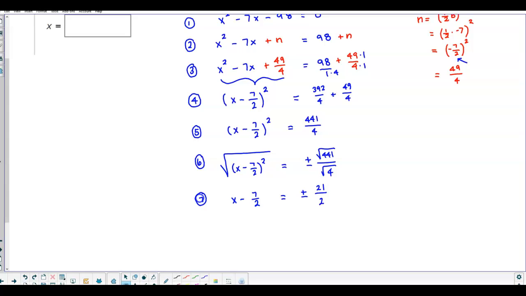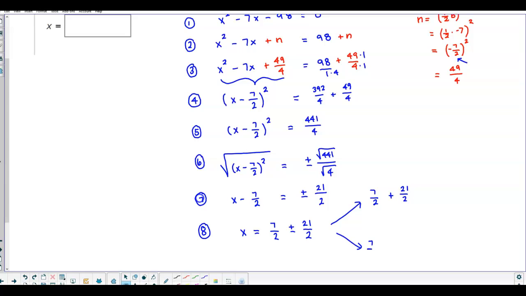Now we need to solve for x. So we have x, we need to add 7/2 to both sides. Remember, it has to go in the front of the plus or minus sign. So 7 over 2 plus or minus 21 over 2. So we're going to have two solutions. We have 7 over 2 plus 21 over 2.